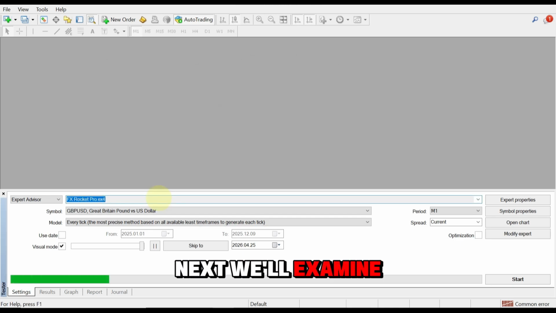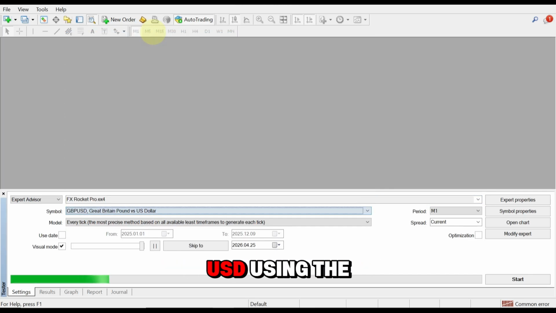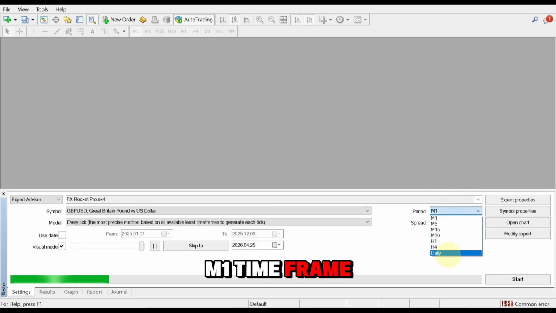Next, we'll examine how the EA performed in past market conditions through backtesting. This backtest is conducted on GBP/USD using the M1 timeframe.